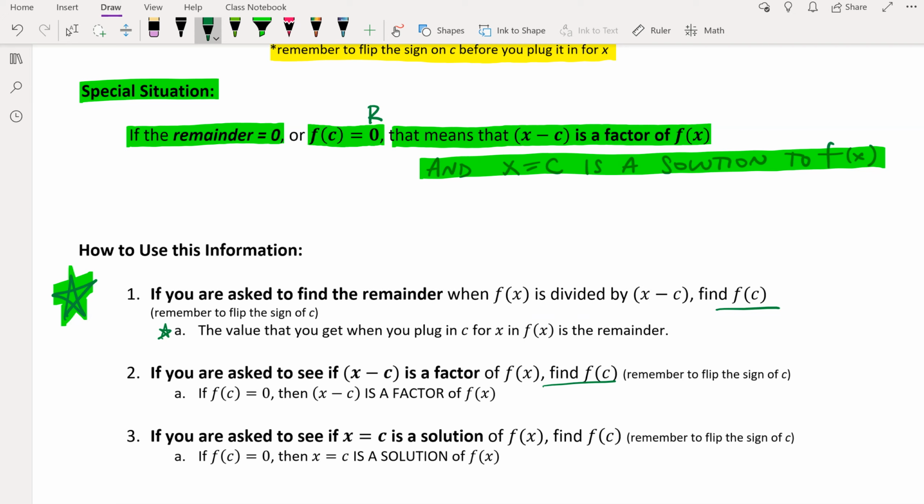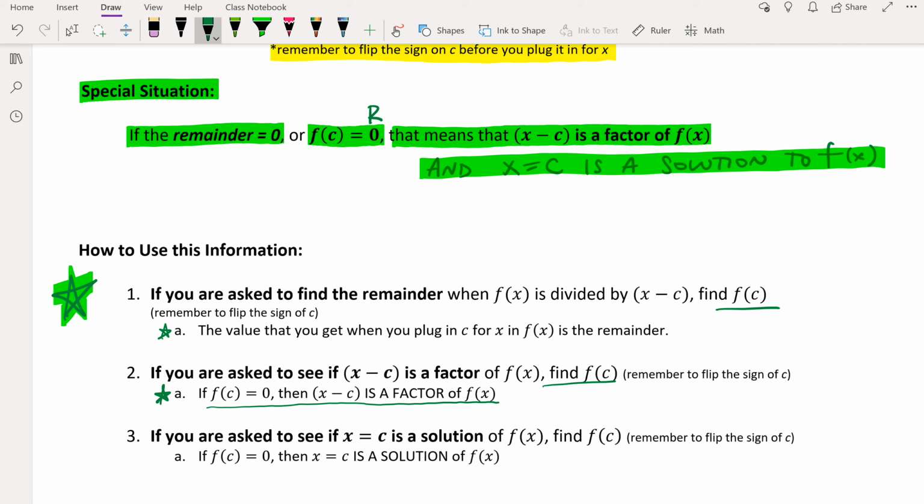Again, plug c in, flip the sign of c when you plug it in. And then this is very important: if f of c equals 0, then x minus c is a factor of f of x. If when you plug in c you do not get 0, then x minus c is not a factor of f of x.